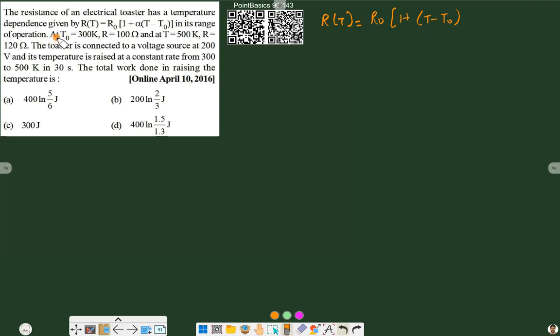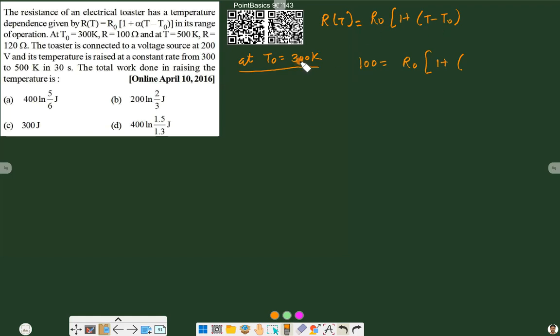We know that at T naught equal to 300, R is 100 ohms. So at T naught equal to 300 Kelvin, R is 100, so 100 equals R naught times 1 plus alpha times T minus T naught.